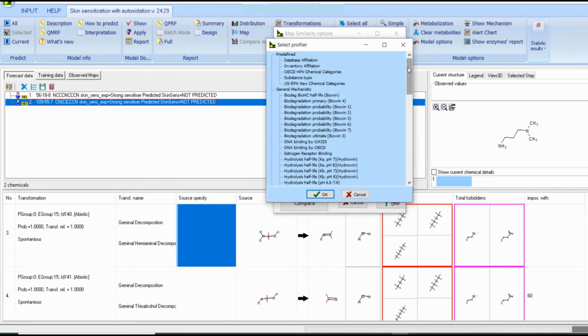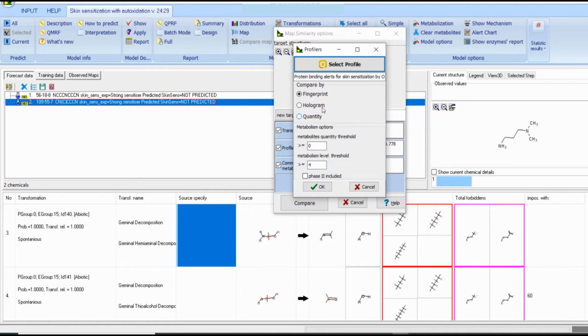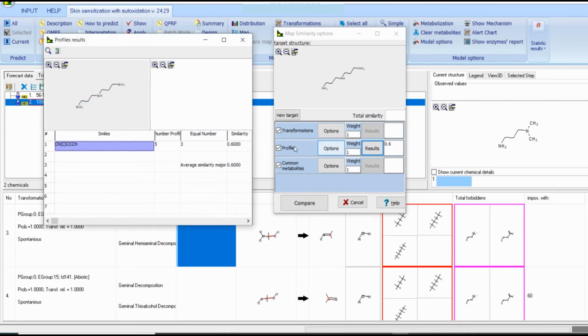In this case, we'll select protein binding alerts for skin sensitization by Oasis profiler, as this profiler is specifically related to the target endpoint. We'll use hologram approach. And again, we can see that both chemicals are mechanistically consistent.